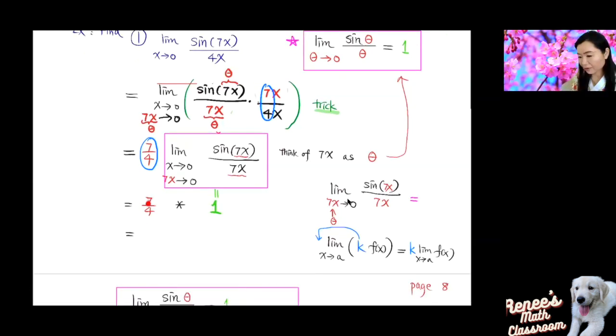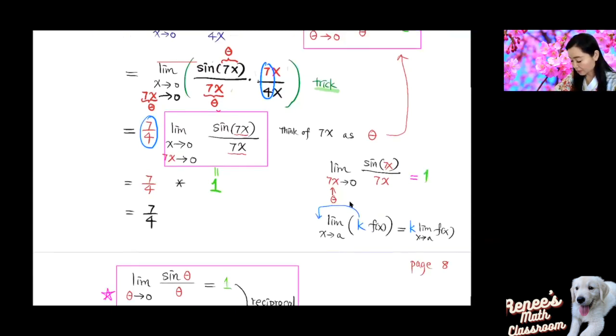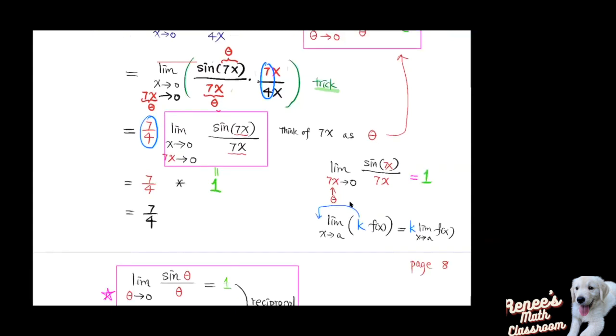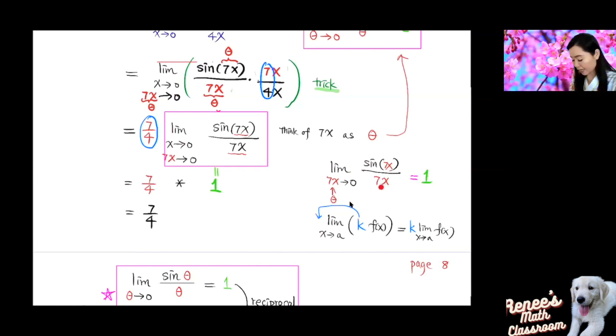Now you have 7 over 4 times 1, so the limit over here will be equal to 7 over 4. So remember, sine 7x over 7x, when 7x goes to 0, is equal to 1. That's why I got 1 over here. And then this constant multiple over here, you bring in front.